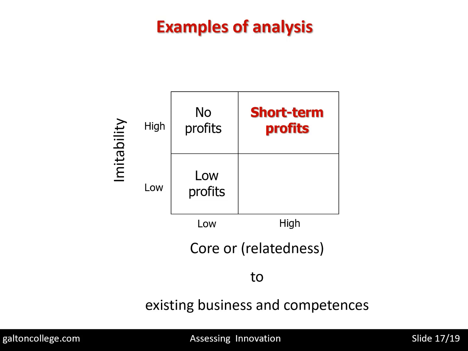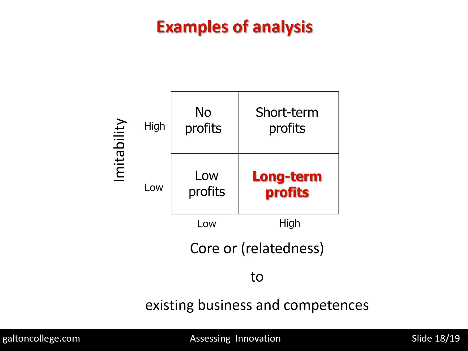If it's high imitability and highly related to the competencies of the business, it means it's easy to copy, but having said that, it's easy to produce, because they've got the skills, they've got the competencies, they've got the capital to do it. So they can copy it and they can do it, so they will make some short-term profits.